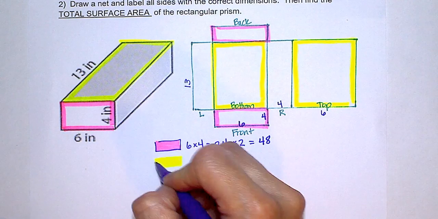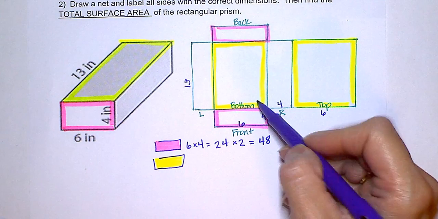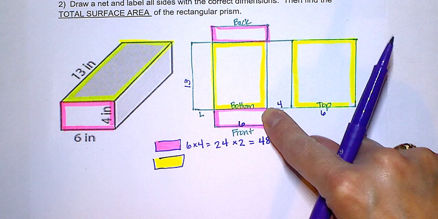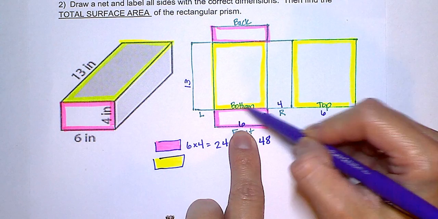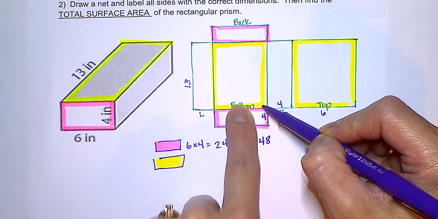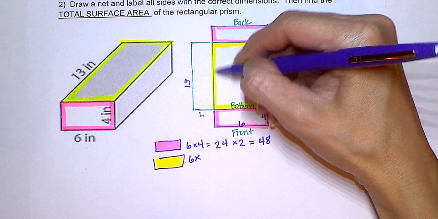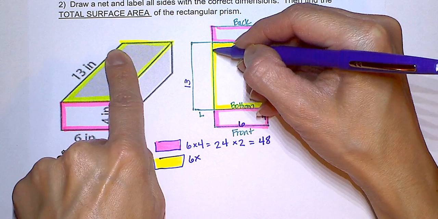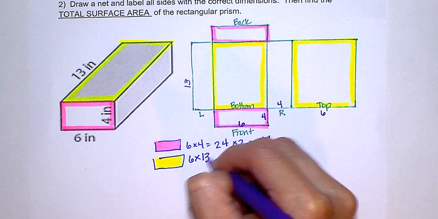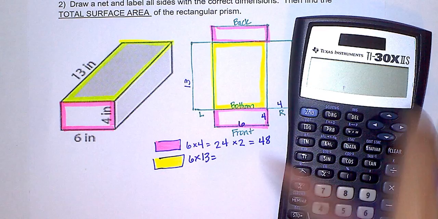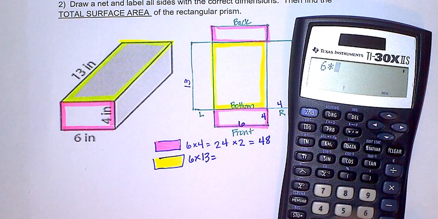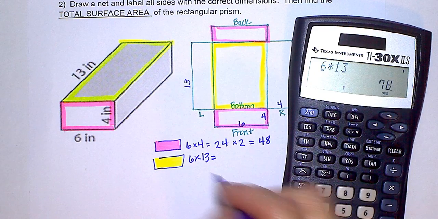Now, we need to find the length and width of this. Well, the bottom, this length is also the same as this pink one, so this is 6 times, and this long length is 13, and 6 times 13 is 78.